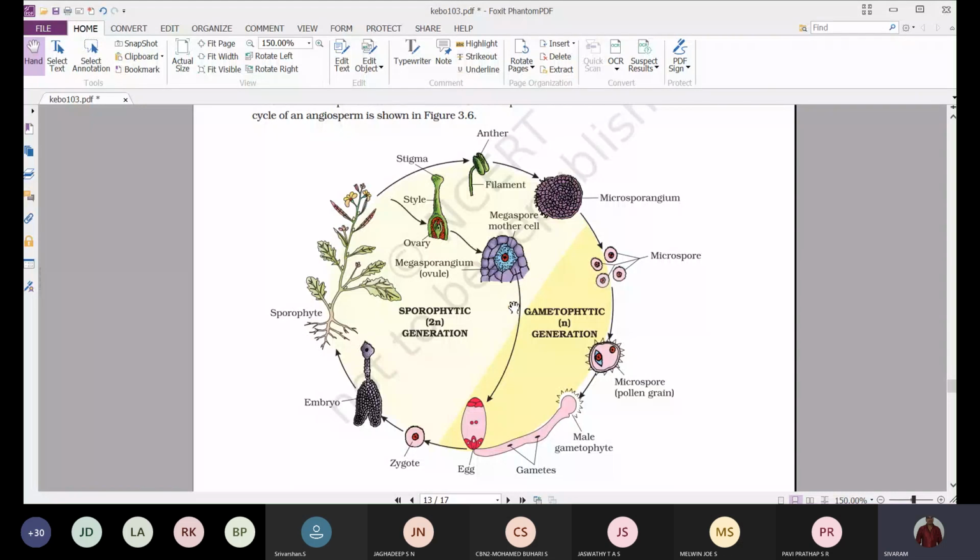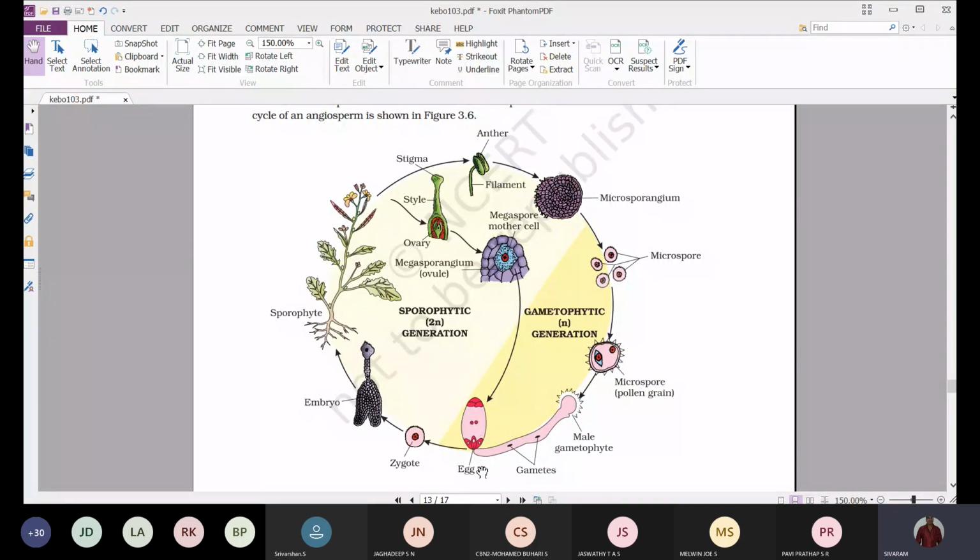Out of these 4 megaspores, usually only one will develop into the embryo sac, and the remaining 3 usually disintegrate. The leftover megaspore develops into a mature female gametophyte, that is the embryo sac.